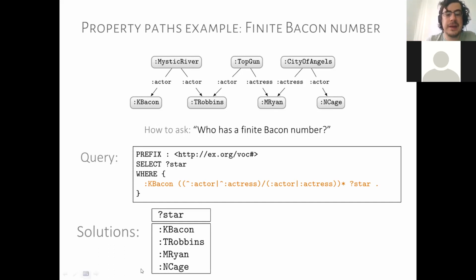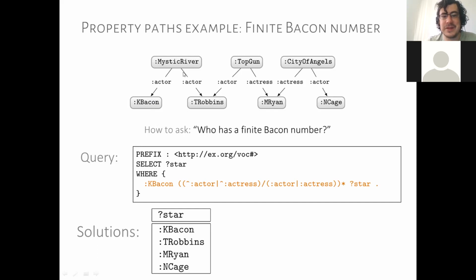So we get Kevin Bacon because it's 0 or many. So we return Kevin Bacon immediately, as well as the fact that we could go back and then forward in the same way to Kevin Bacon, Tim Robbins, Meg Ryan, and Nicolas Cage. We also get a set of results. So we don't get Kevin Bacon twice, even though there are multiple paths that lead to Kevin Bacon. We could go, for example, Kevin Bacon, Mystic River, Tim Robbins, Mystic River, Kevin Bacon, right?